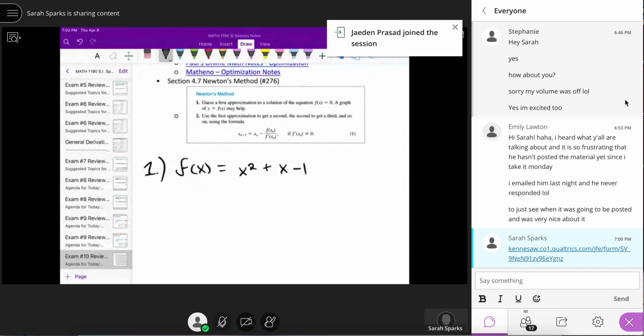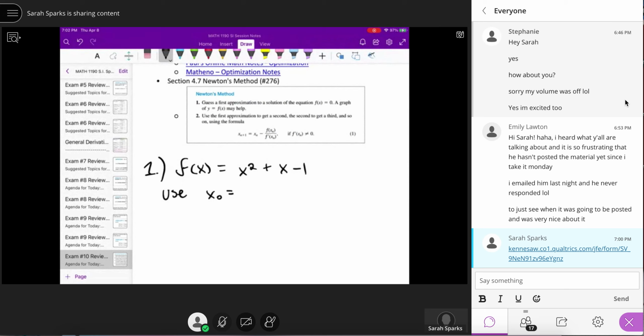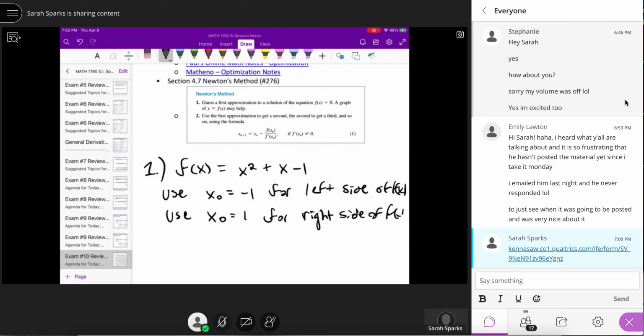And they want us to use x naught equal to negative 1 for the left side of the function, and then x naught equal to positive 1 for the right side of f of x. And then the goal is to approximate, or find, x2.